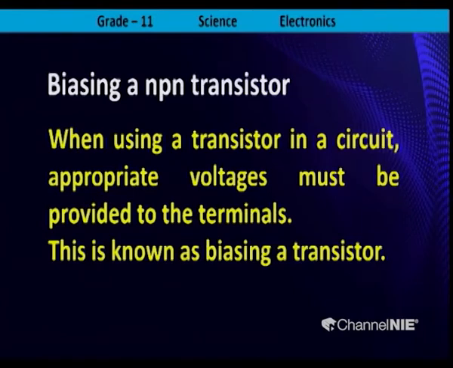When using a transistor in a circuit, appropriate voltages must be provided to the terminals. This is known as bias in a transistor.